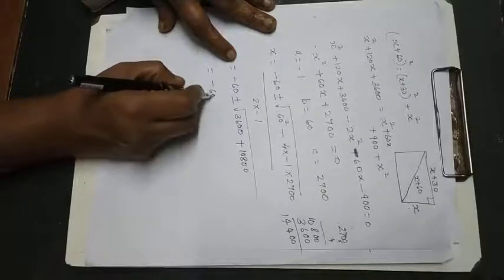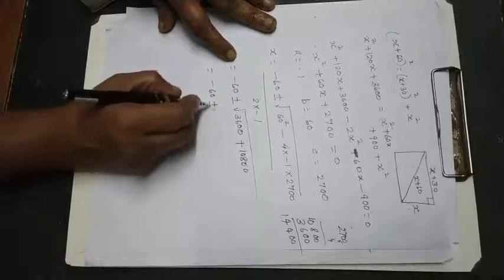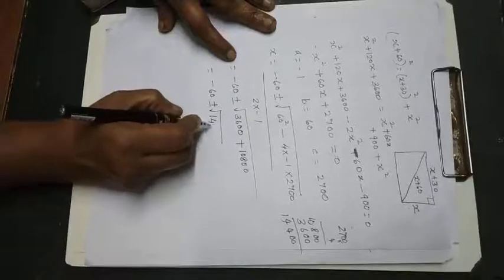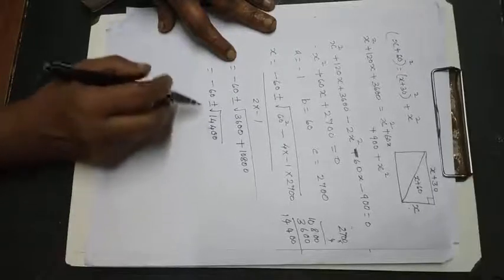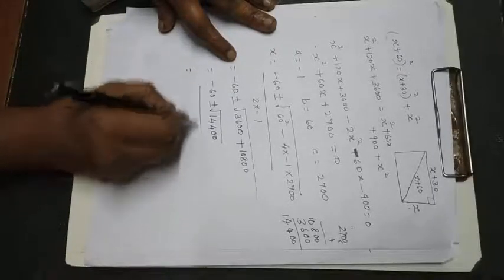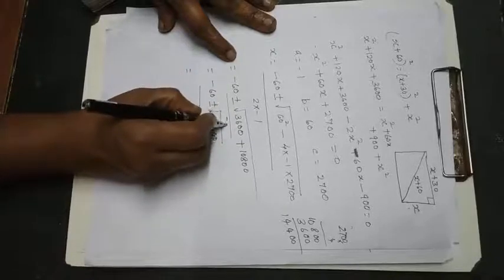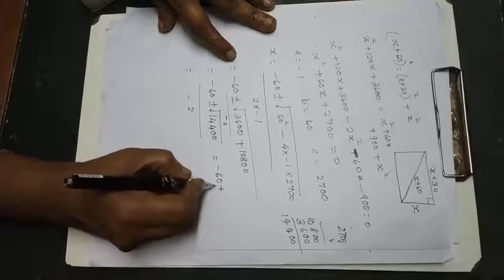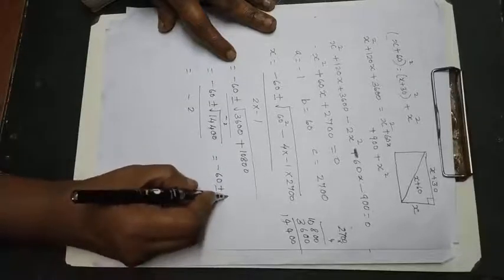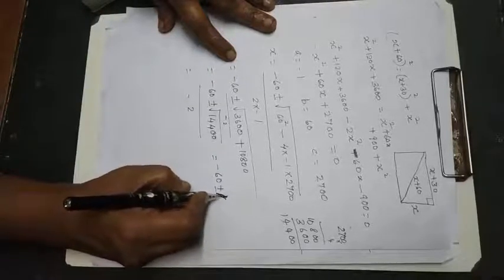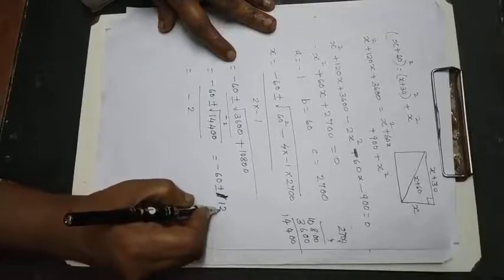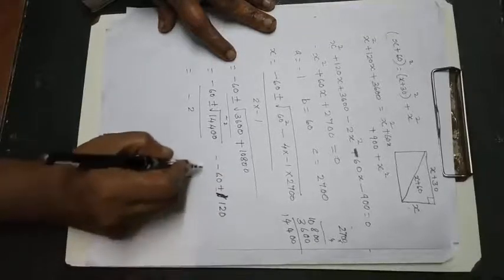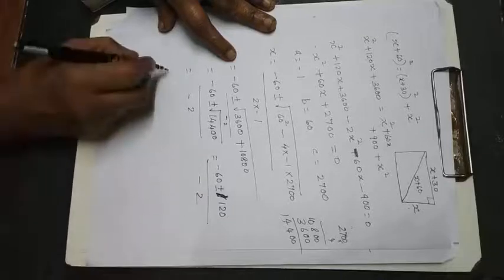So negative 60 plus or minus, here 144 you are getting, that means the root of 144 is 12, then double 0 is there, one more 0 you can take, by negative 2.